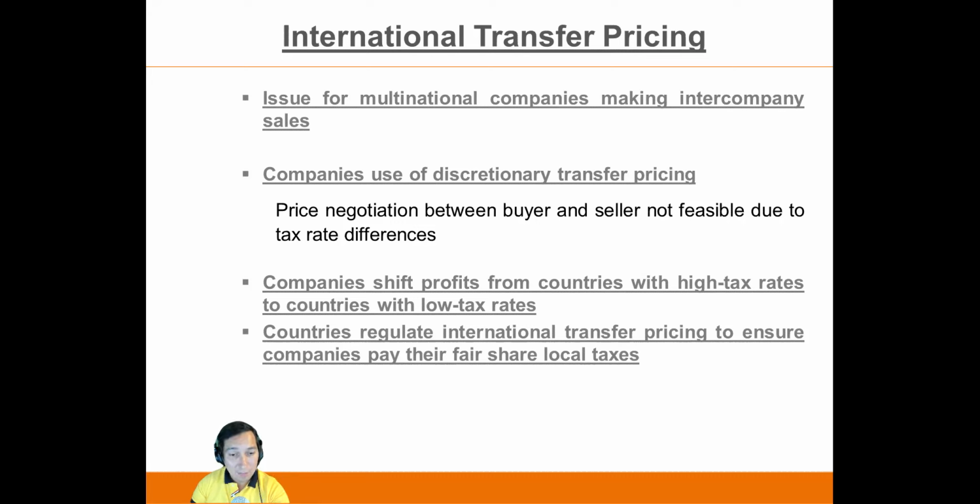It's not the same example that we saw, but imagine, that's why we have tax havens, because they have lower tax rates than most countries. So investors are incentivized to divert all the profits towards those countries with lower tax rates in order to pay lower taxes.